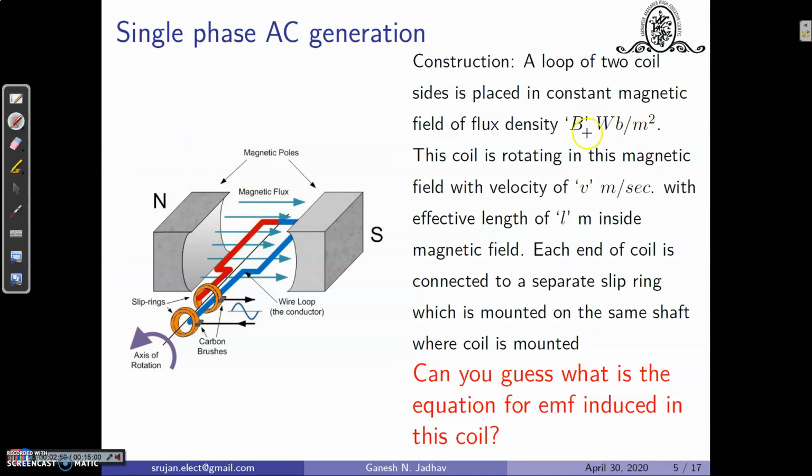The coil is moving with a velocity of V meter per second, and the effective length, meaning the length of the coil which is inside the magnetic field, is L meter.